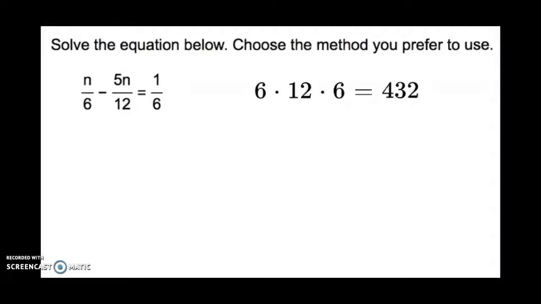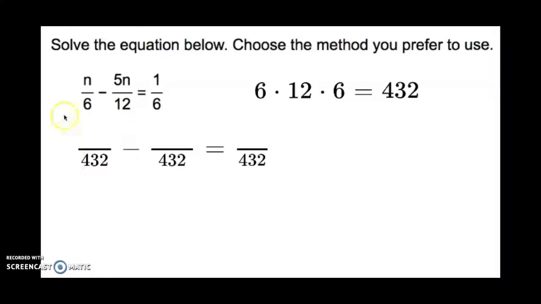So then what I need to do is take that 432 and see what I need to multiply each of these numbers by to get that. So we will divide 432 by 6, and we get 72. Now what I need to do with that 72 is multiply both top and bottom by that to get my fraction with the denominator of 432.